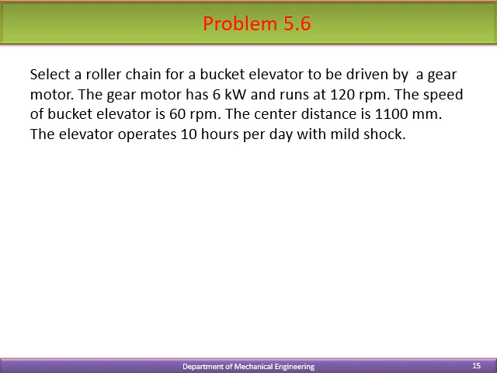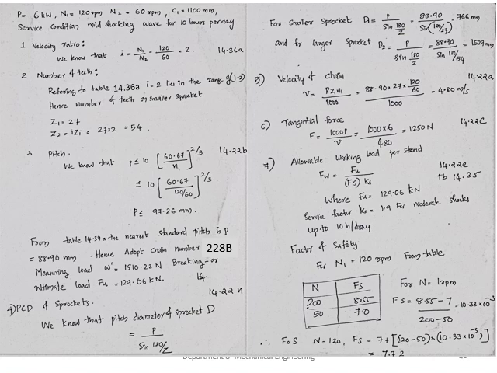The service condition is mild shock working for 10 hours per day. Similar to the previous step, here the power is given and the N1, N2 and C1 values are also given, along with the service condition of mild shock working for 10 hours per day.